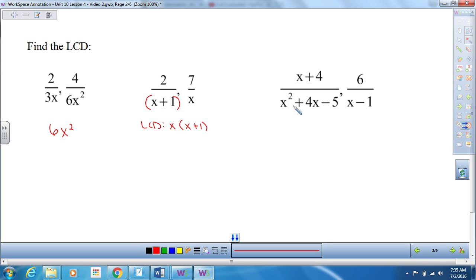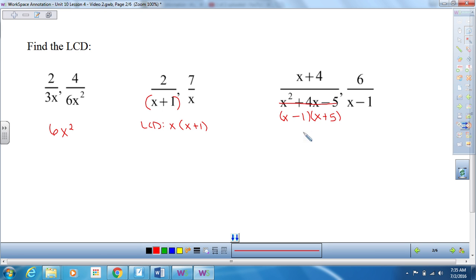Okay, over here, I need to factor first, if I can. So x and x, and then I need to multiply to be -5 and add to be 4. So I have to use 1 and 5. I want to be positive 4 when I do my outer and inner, so I need positive 5 and -1.